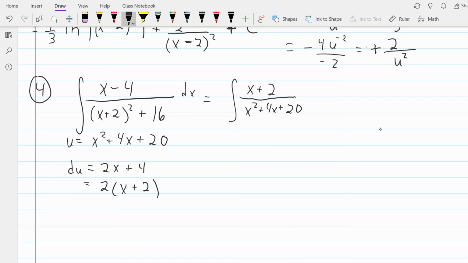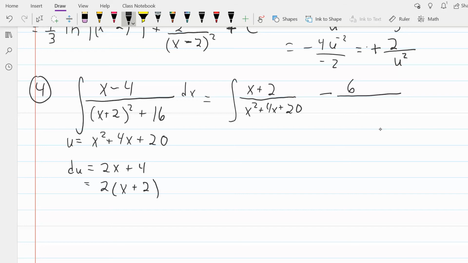And I can put a plus 2 there as long as I make another fraction. And whatever fraction I put, if I was to go backwards, I'd want to get back to x minus 4 in the numerator. So I have to put minus 6 over, and instead of writing this, x squared plus 4x plus 20, I know that that is a natural log integral.